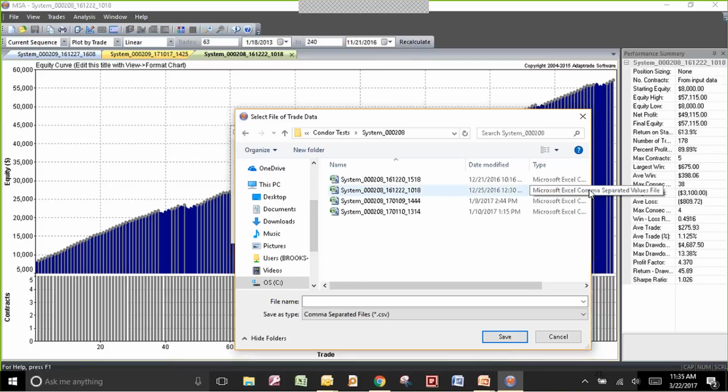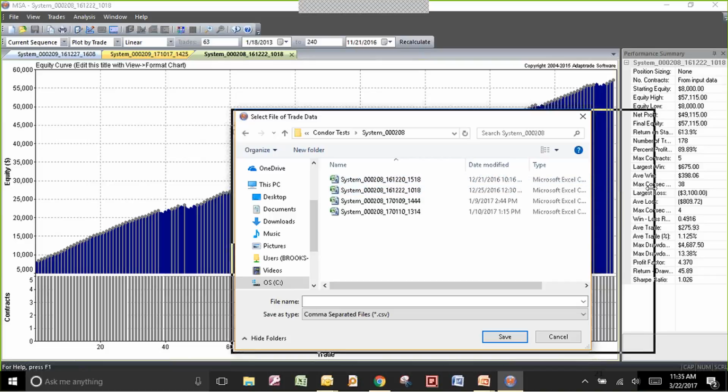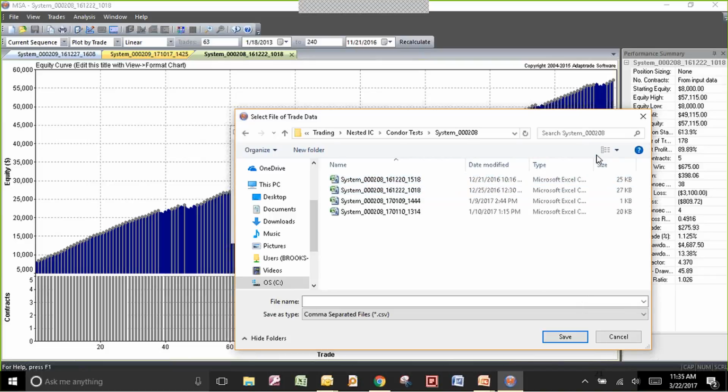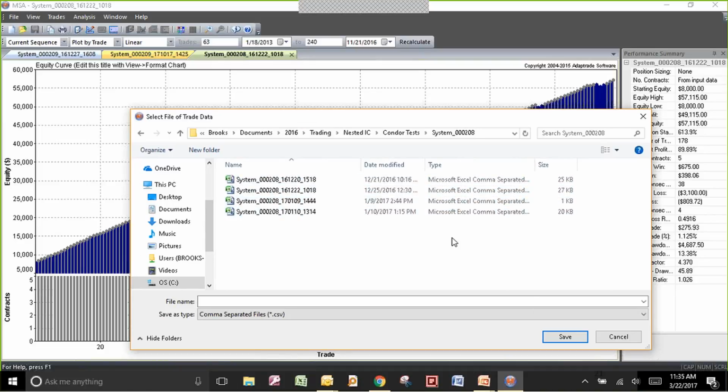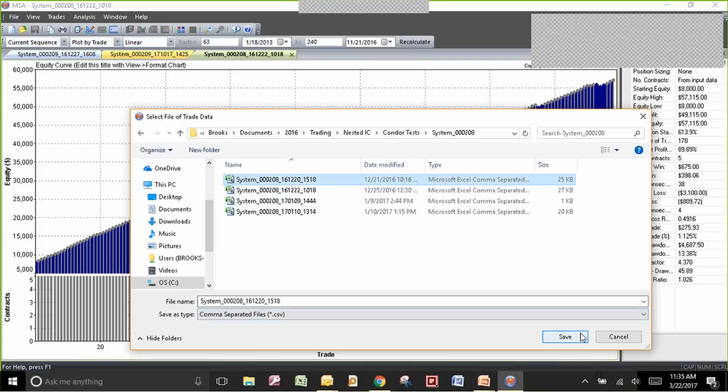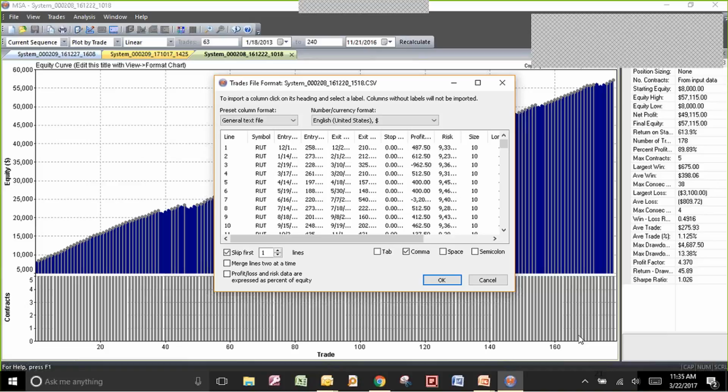Okay, and so here I have several different files that are in CSV format, comma separated values, which is one of the ways that Excel will export. I'll just say save here.